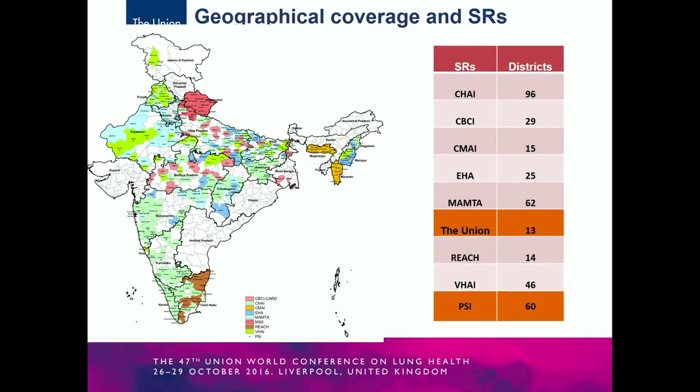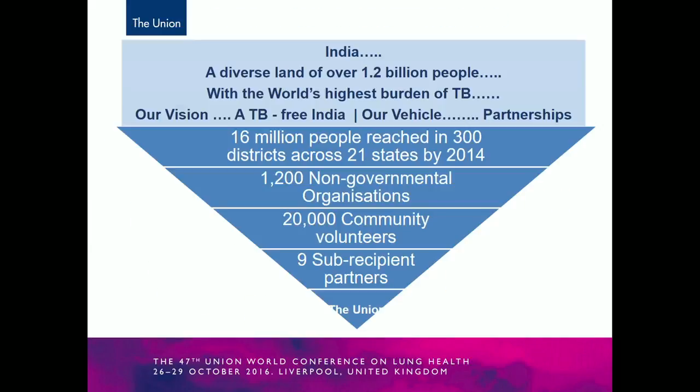The project is in 300 districts implemented by 8 sub-recipient partners. We are covering 16 million people through 1,100 non-government organizations, and we have created a cadre of 20,000 community volunteers who are trained to create awareness and to identify presumptive TB cases.